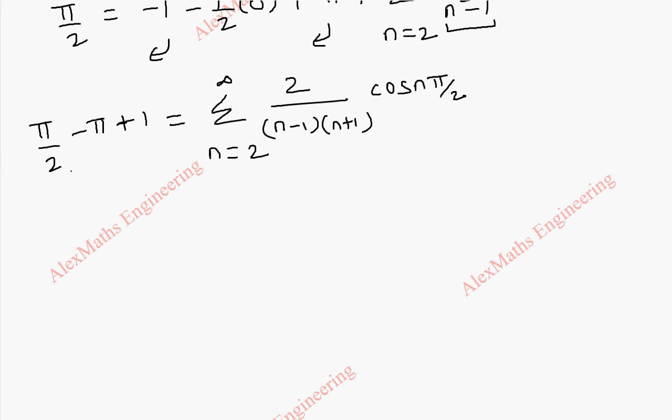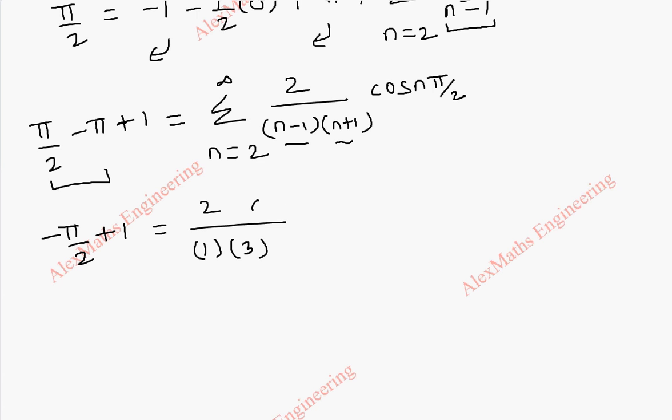So now this becomes minus pi by 2 plus 1. Now substituting 2, we get 2 by, this is 2 minus 1, which is 1, this is 2 plus 1, which is 3, and we have cos, when I put 2 here, 2 gets cancelled, cos pi, then plus 2 by, I have to put 3, so 3 minus 1 is 2, 3 plus 1 is 4, then cos 3 pi by 2.